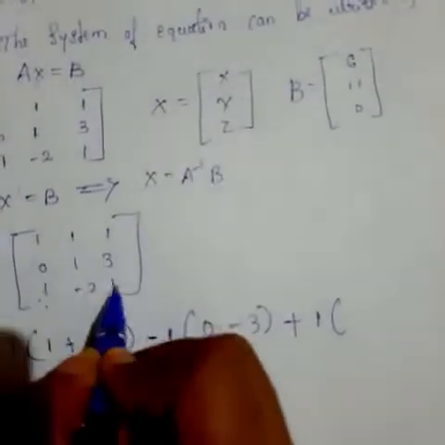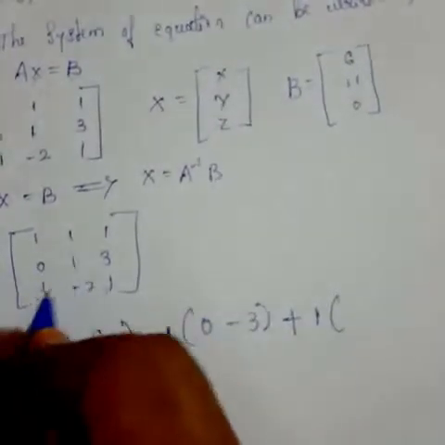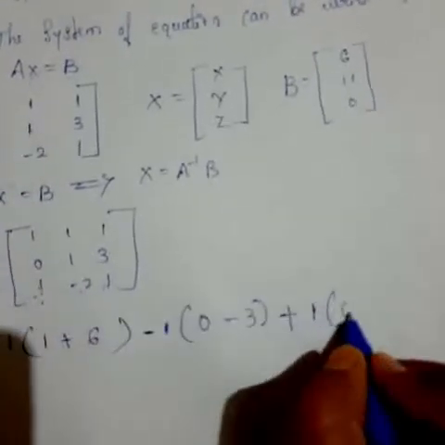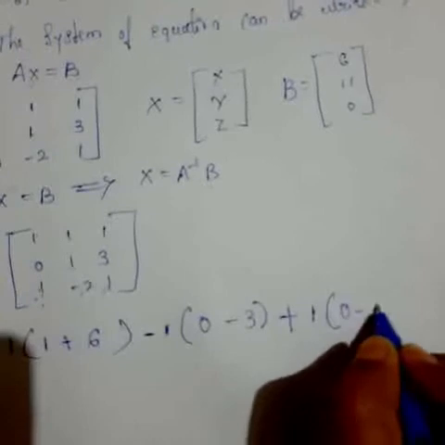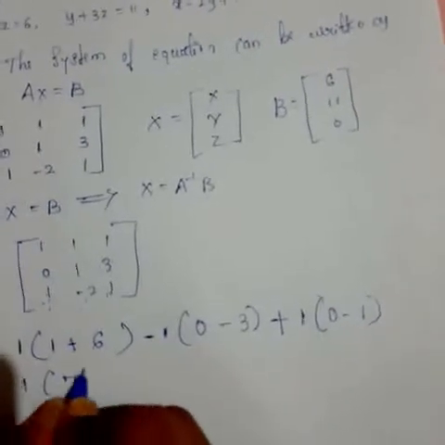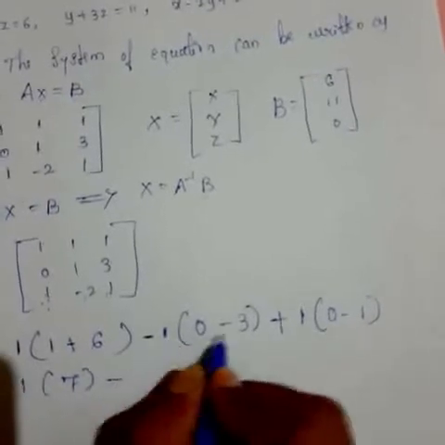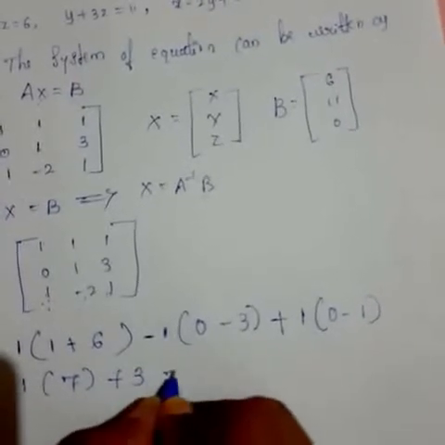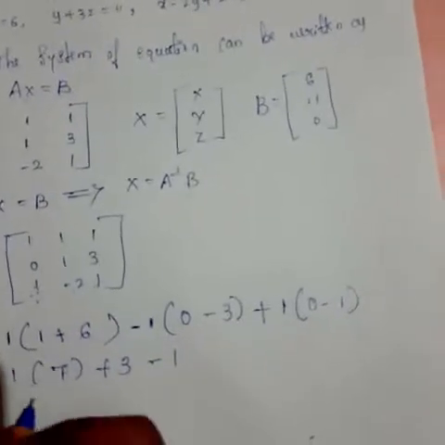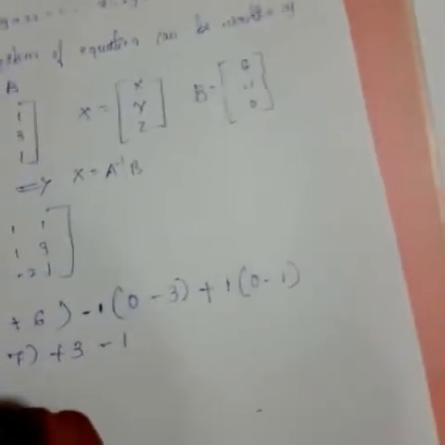The first row, third column, gives 0, 1, 1, minus 2. Cross multiplying, minus 2 into 0 is 0, minus 1 into 1 is 1. Finally, 1 into 1 plus 6 is 7, minus 1 into minus 3 is plus 3, plus 1 into minus 1 is minus 1. Then 7 plus 3 is 10, 10 minus 1 is 9.